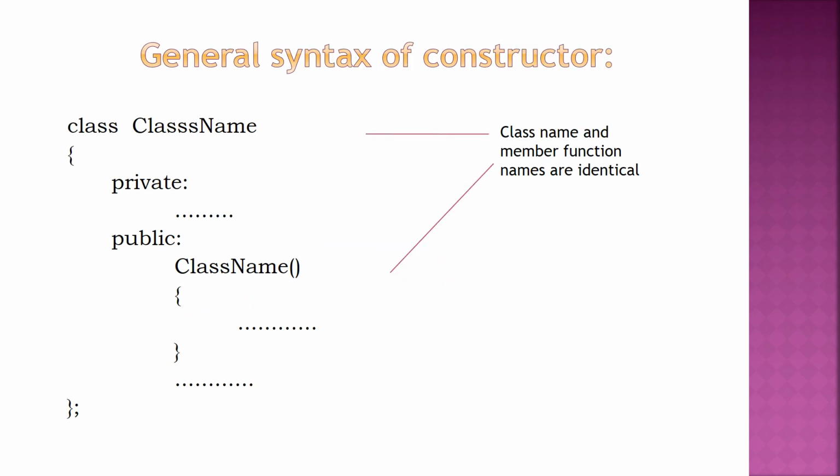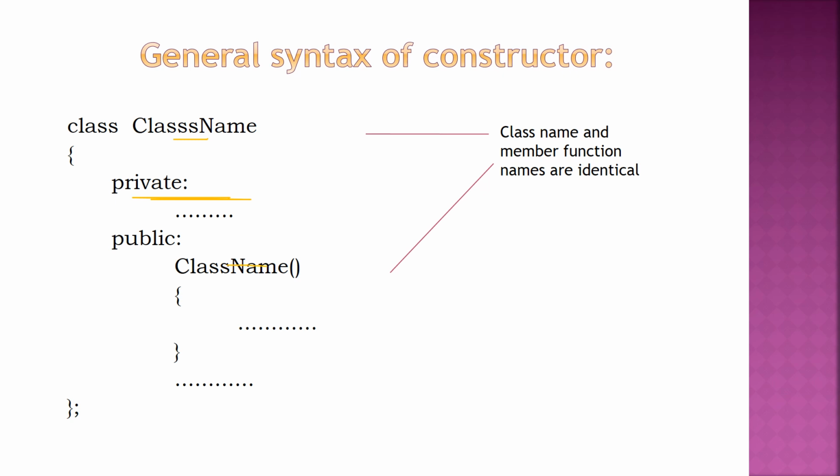Here we have the general syntax for the constructor. Here we have a class. Class is a keyword followed by the class name. The class consists of two access specifiers, private as well as public.